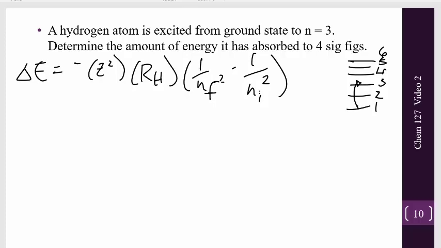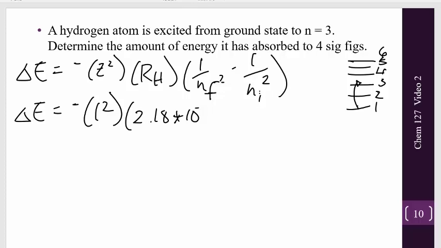So we can begin to input those variables that we know. Change in energy is 1 squared for hydrogen atom, then the Rydberg constant in the form of joules, and then our quantum numbers, the final quantum number would be 3, and the initial is going to be 1.